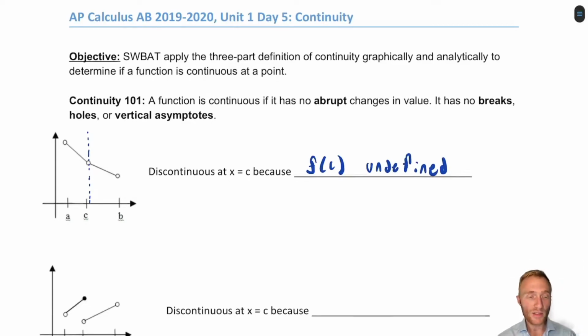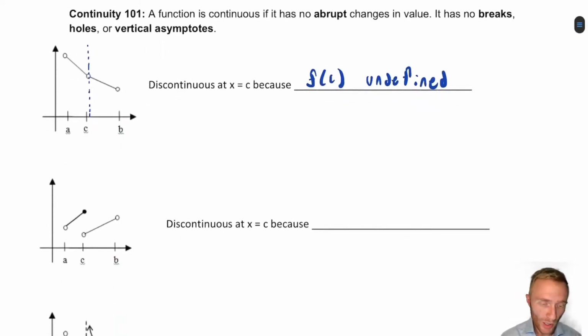Got to be defined to be continuous. If we look at number two, discontinuous at c, because at x equals c we have a jump from the black filled-in circle to the open one below it. We would call this a jump discontinuity.